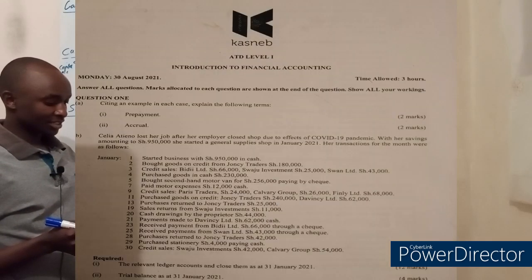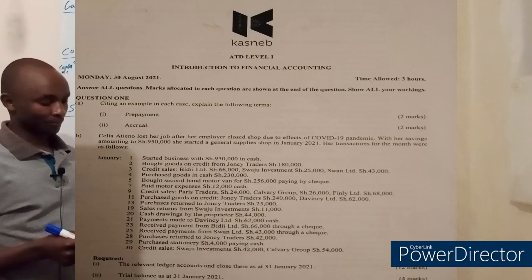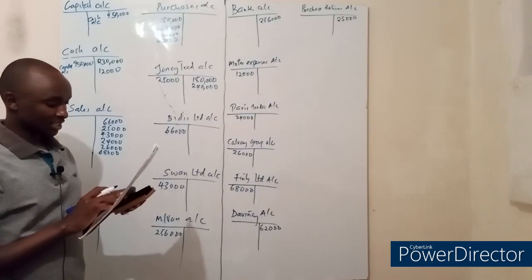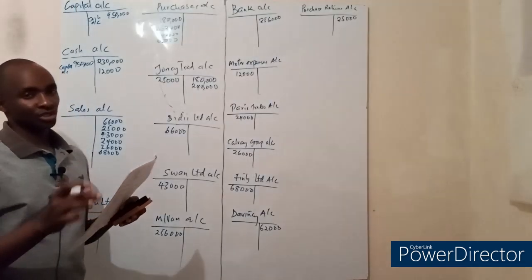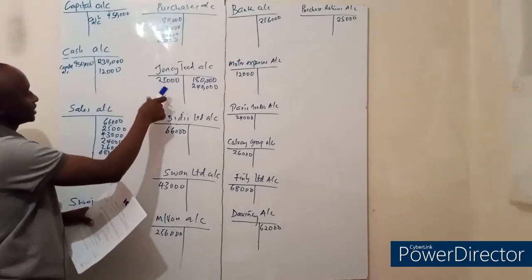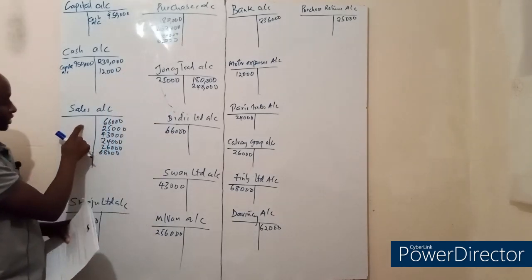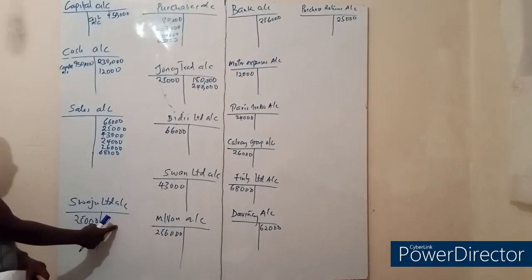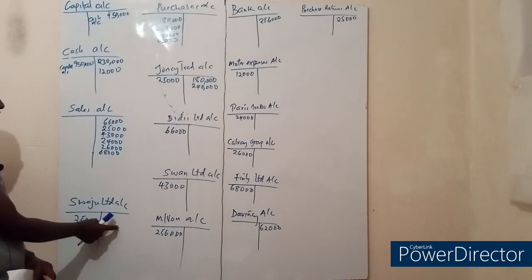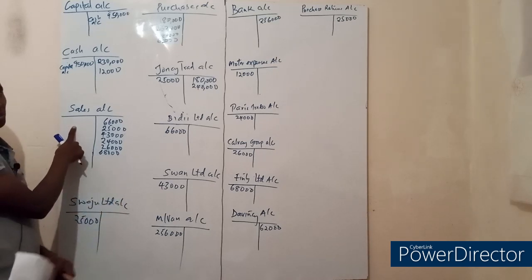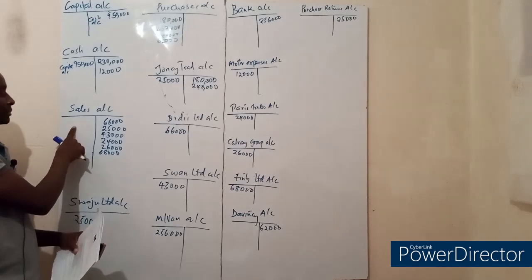And then sales returns from Swaju Investments. Celia Atieno had sold goods to Swaju Limited, but Swaju Limited has decided to return some of the goods, maybe because they were defective. So what will happen?